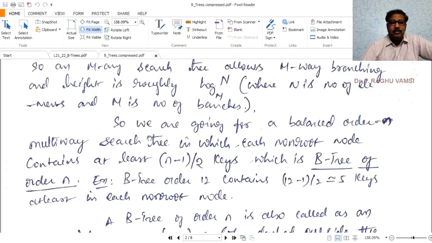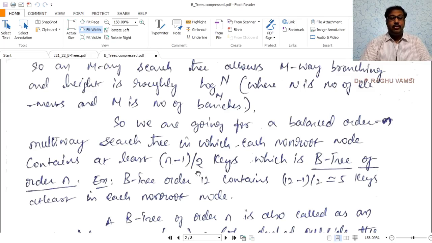Okay, so here, the tree that we are going to study now is a balanced order n multi-way search tree in which each non-root node contains at least (n minus 1) by 2 keys.